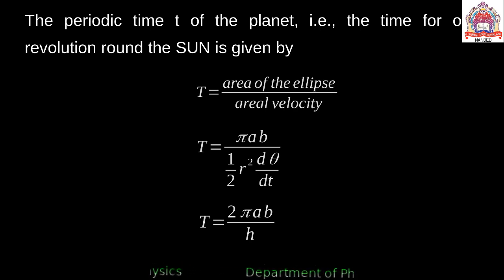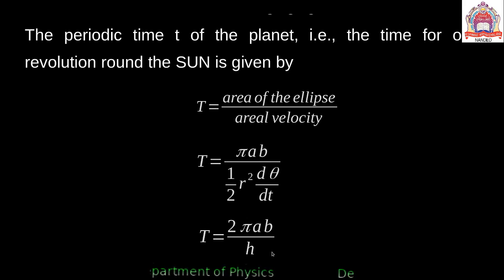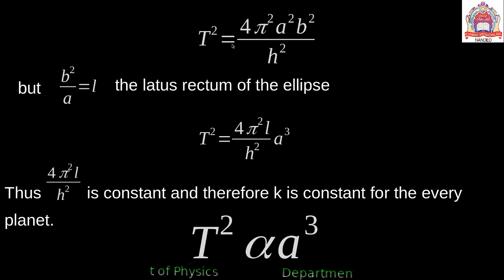So with the help of all these three laws, T is equal to 2 pi ab by h. Squaring both sides, T square is equal to 4 pi square a square b square over h square. But here b square by a is equal to L, the semi-latus rectum of the ellipse. So we can write T square is equal to 4 pi square L h square over h square into a cube.